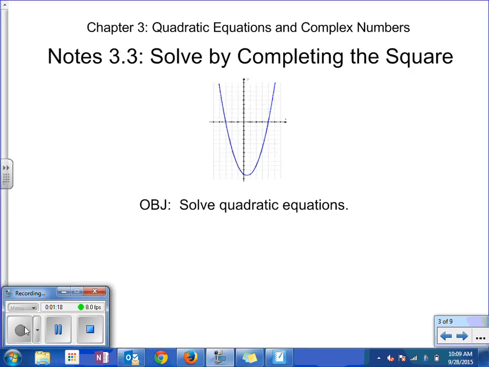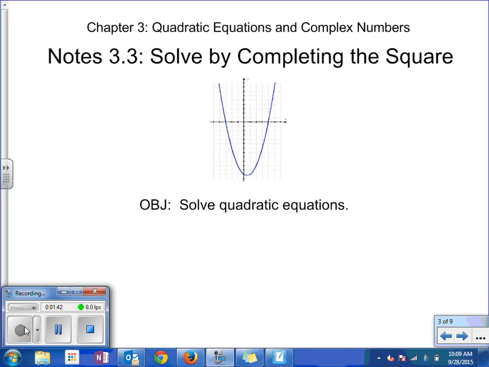Our main goal for the week is to continue solving quadratic equations. I will say this before we get started. Completing the square is probably the least likely method I would use to solve a quadratic. I would solve by factoring or the quadratic formula more often.